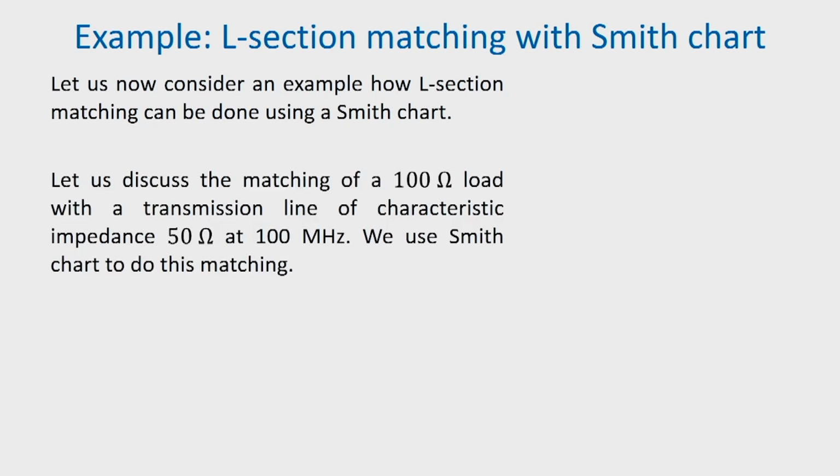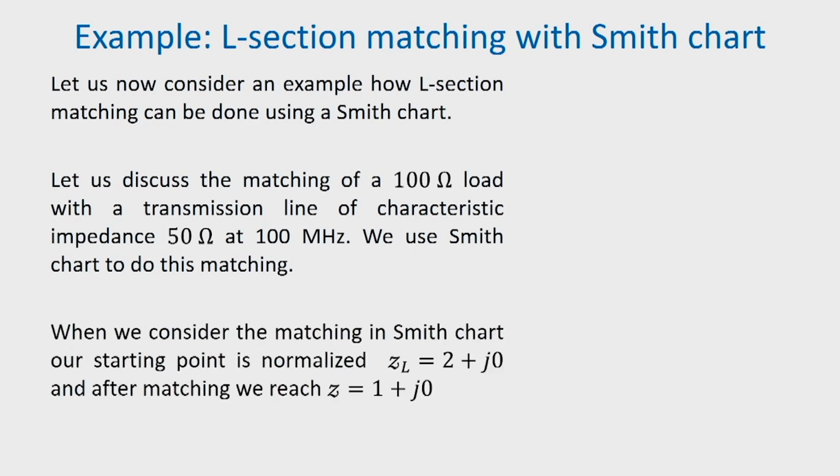Let us discuss the matching of a 100 ohm load with a transmission line of characteristic impedance 50 ohm at an operating frequency of 100 megahertz, and we use Smith chart to do this matching.